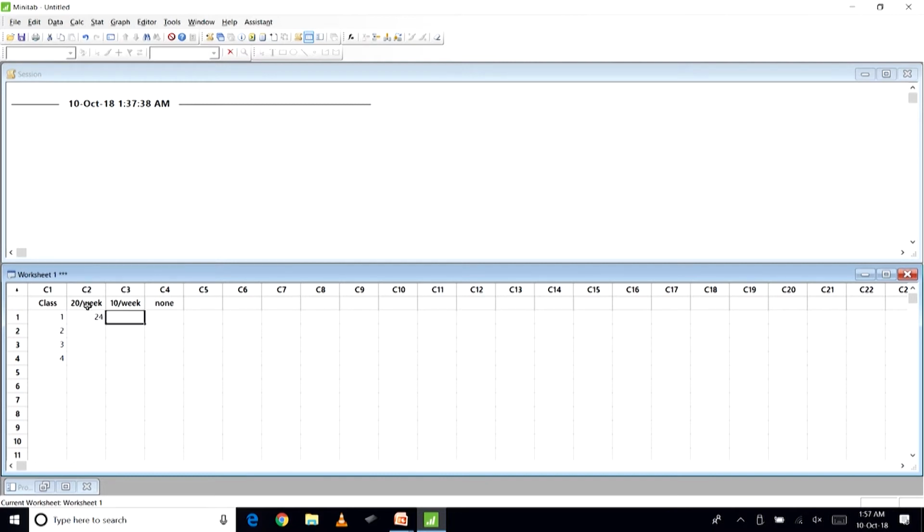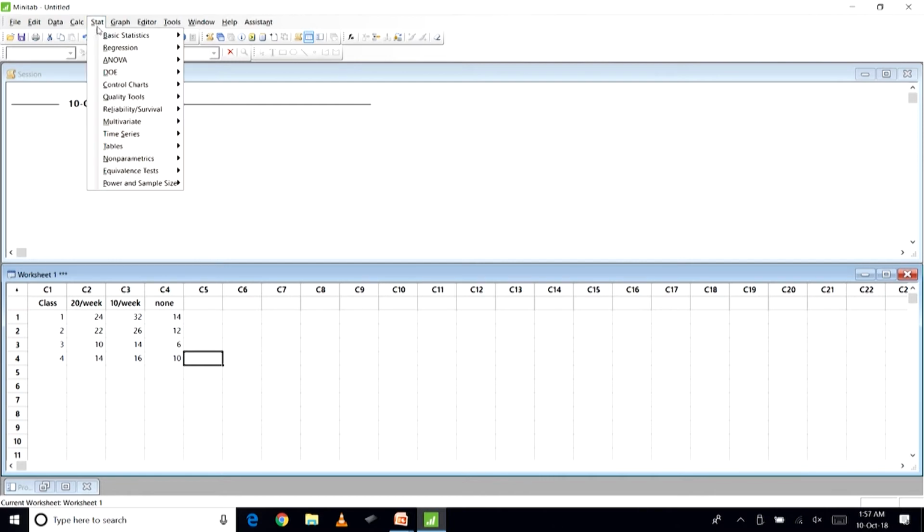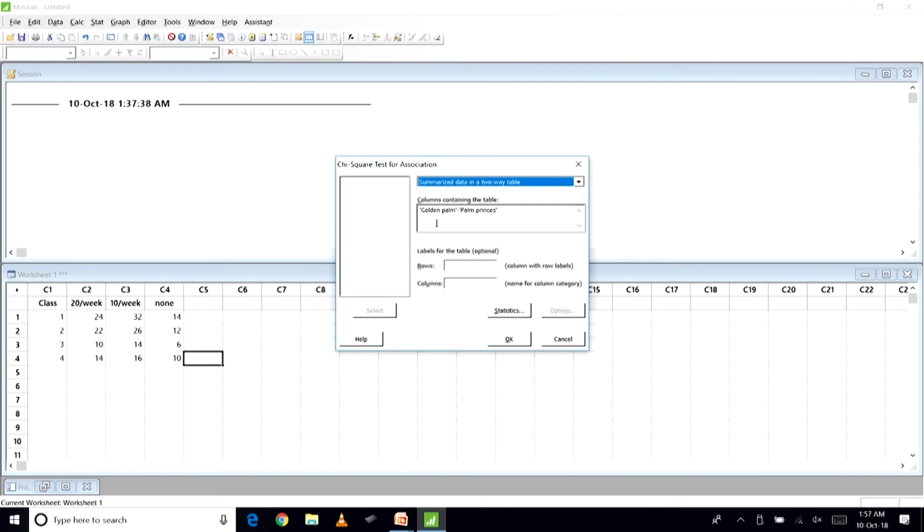So, these values are 24, 32, 14, then you have got 22, 26 and 12, 10, 14, 6, 14, 16 and 10. Let us solve this question. So, table, in fact you can directly go for chi-square test for association, is not it.